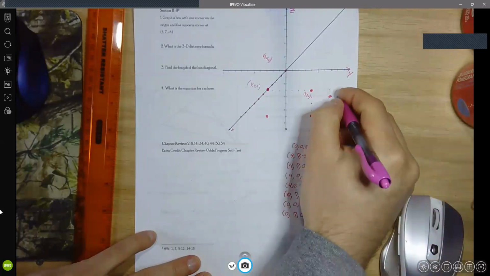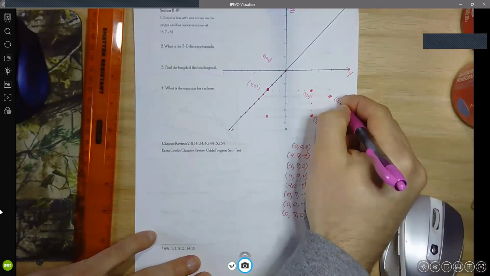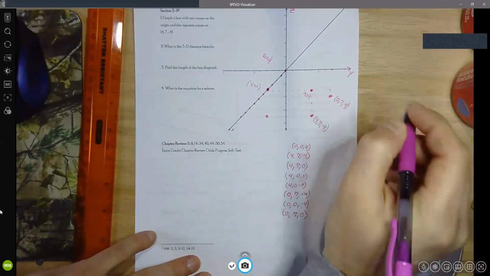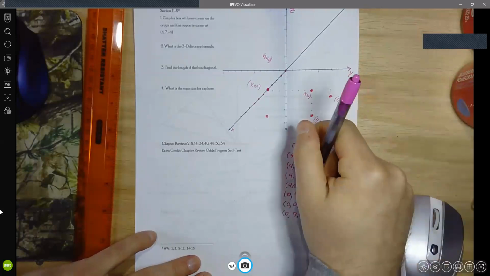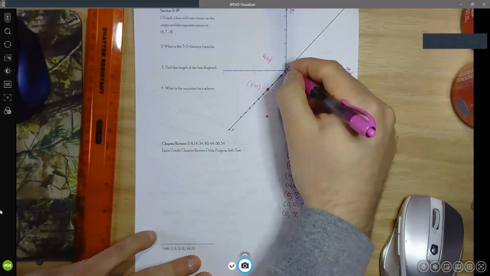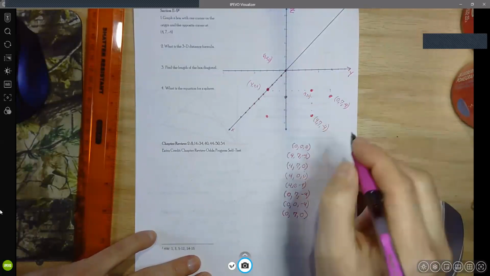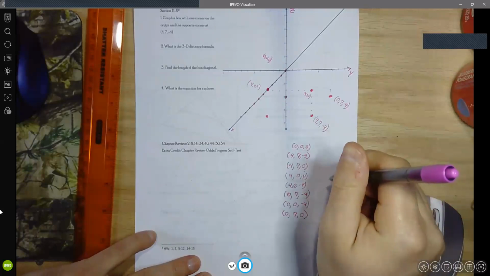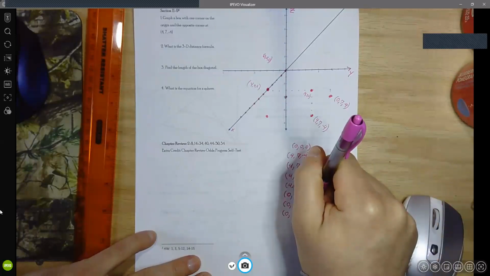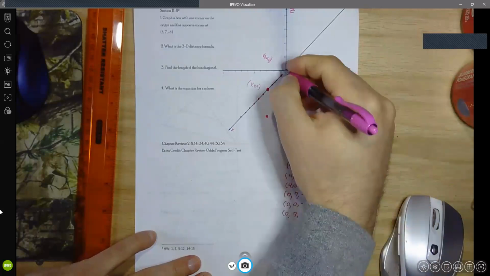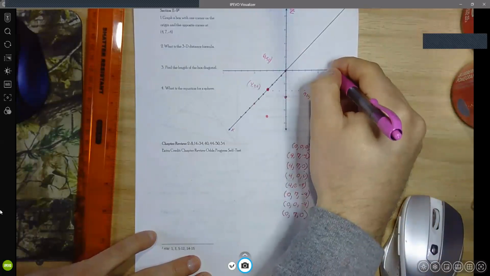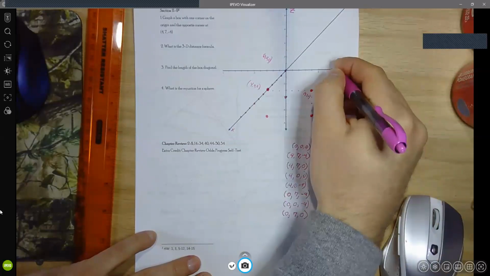So this is the point 0, 7, -4. And then 0, 0, -4. So 0 in the x, 0 in the y, and then 4 down. That's here. And then we have 0, 7, 0. So 0 in the x, 7 in the y, 0 in the z.